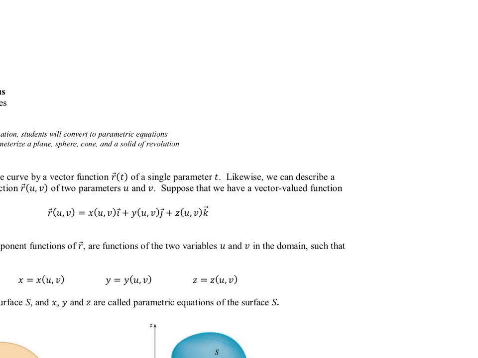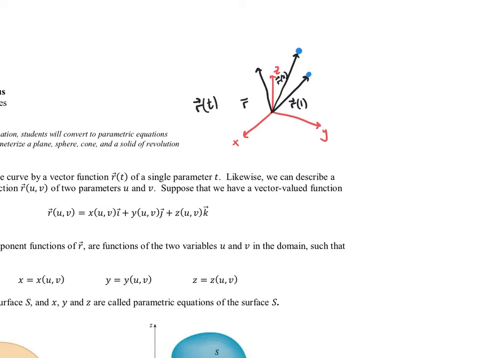So for example, if you had an axis that looked like this, and let's say you have your vector valued function r of t, whatever that may be, what's happening is that you would put in 1 for t, and you would get a point in space, and then you would have another vector, let's say r of 2, so you put in 2 for t, and you have another point in space, and you just continue this process.